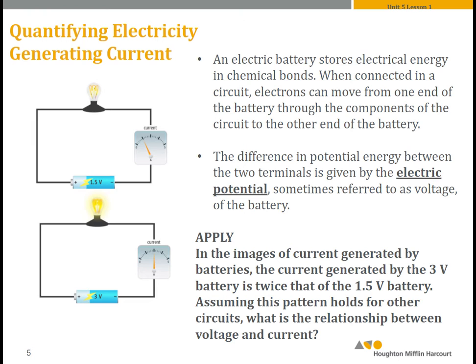You should be able to conclude that voltage and current are directly proportional to each other. If you double the voltage, then you are going to double the current. If you have half the voltage, then you have half the current. And this is going to hold true. If you triple the voltage, you have triple the current, and so on.